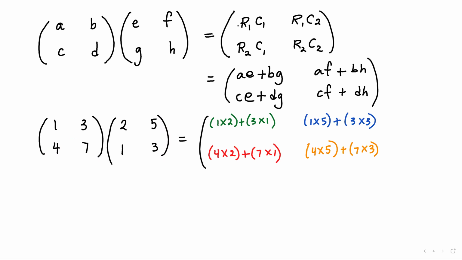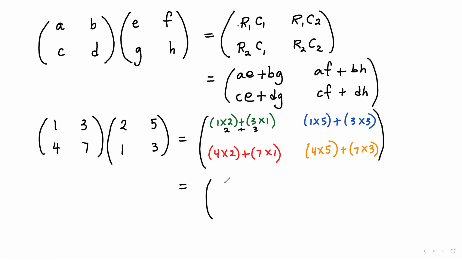So let's work it out and see what we get. All right, so 1 times 2 is 2, plus 3 times 1, which is 3. I sometimes just write what it is down here. So this is 1 times 2, which is 2, plus 3 times 1, which is 3.